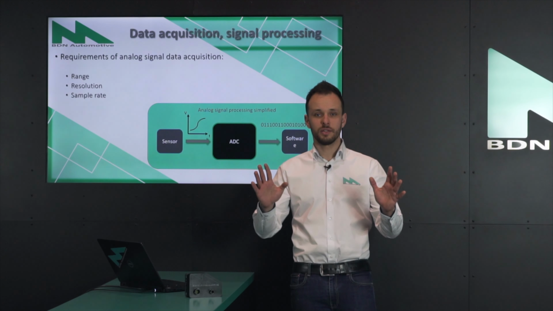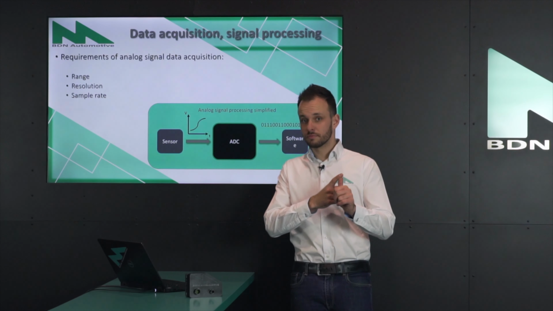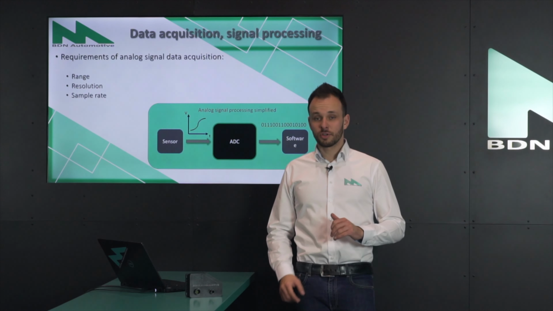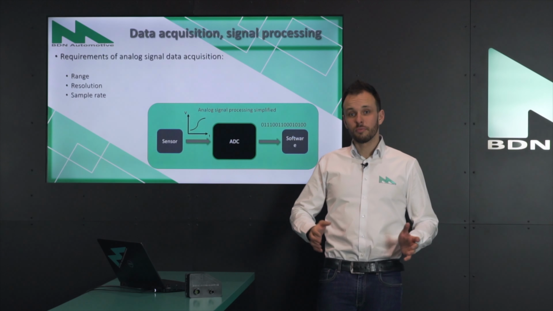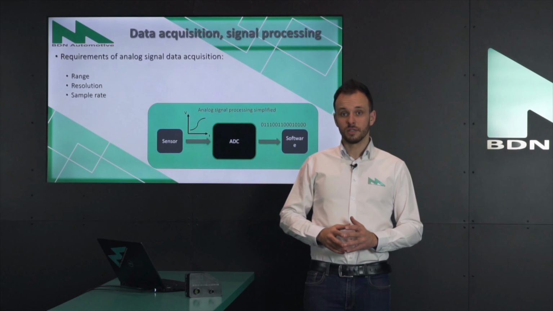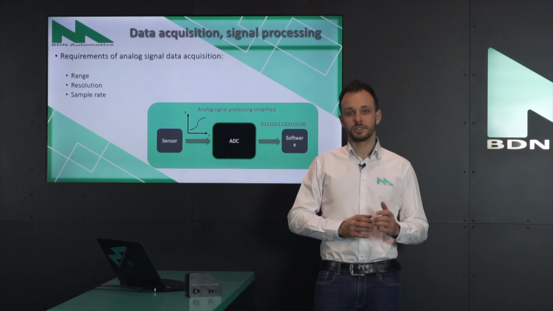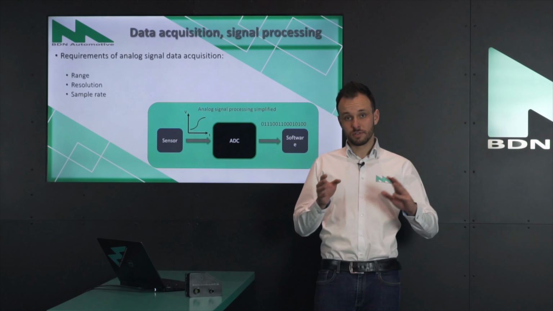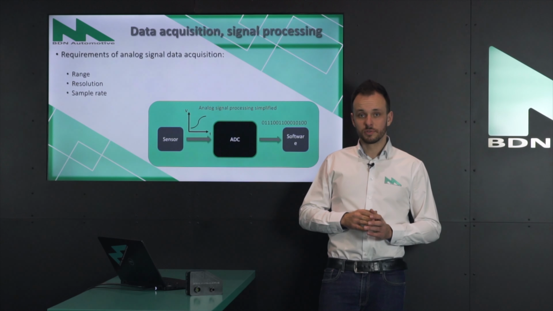When you do any kind of data acquisition, there are 3 very important things to know. First of all, the sensor's range. I'm not talking about the range in pressure or bars, but the sensor's output voltage. Commonly used sensors output 0 to 5 volts, but some other sensors output -10 to 10 or 0 to 3.3 volts.